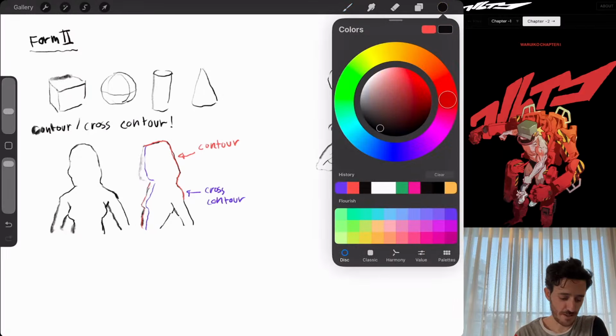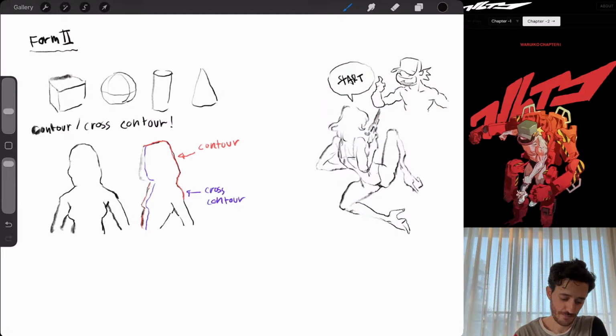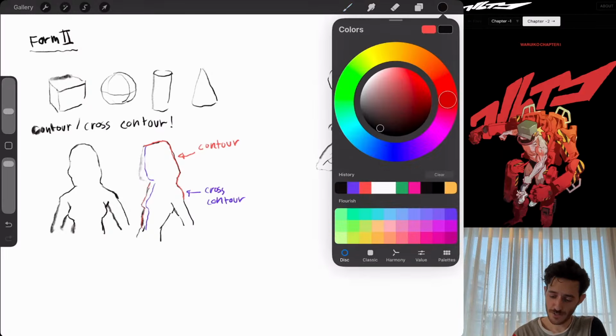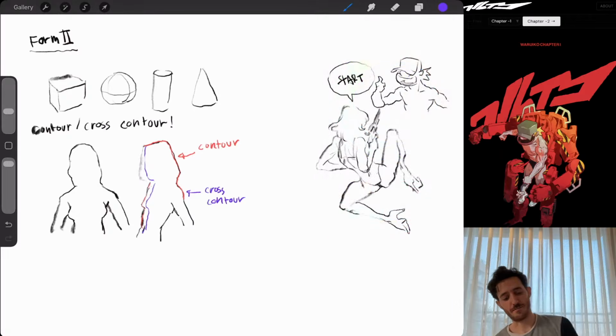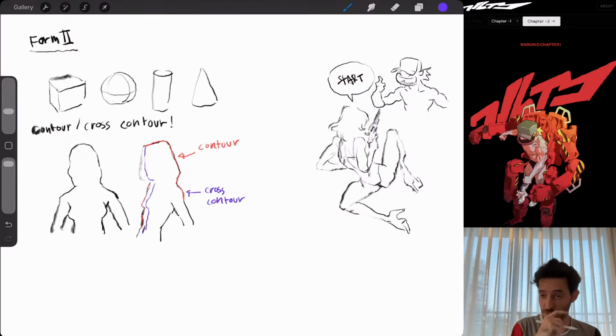So little things like, for example here, a belly button that you add here is essentially a cross contour line. That is very good to know, because now you've learned more ways to define a form. I could add, say, a little line here for the clavicle. That would also be a cross contour line.